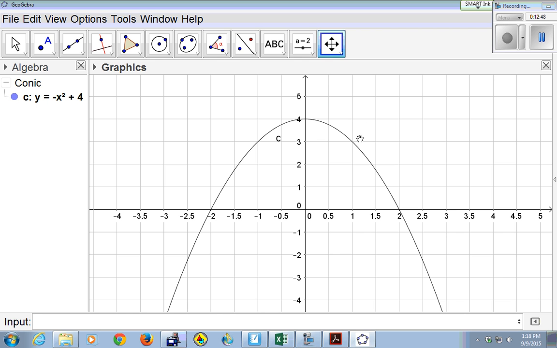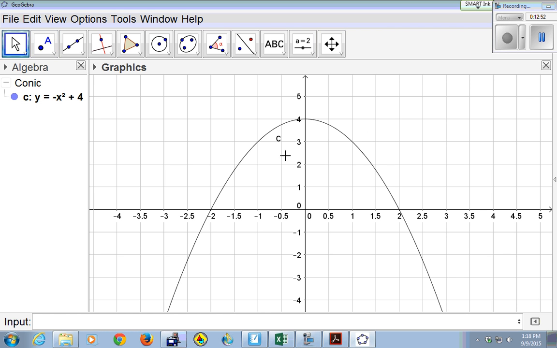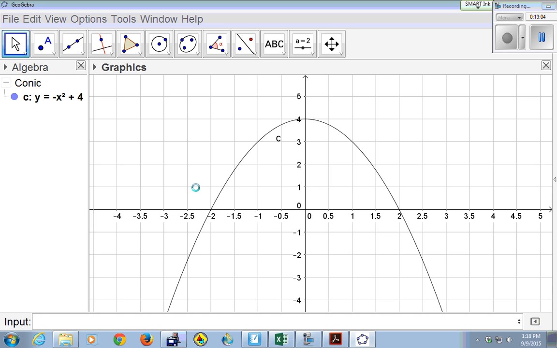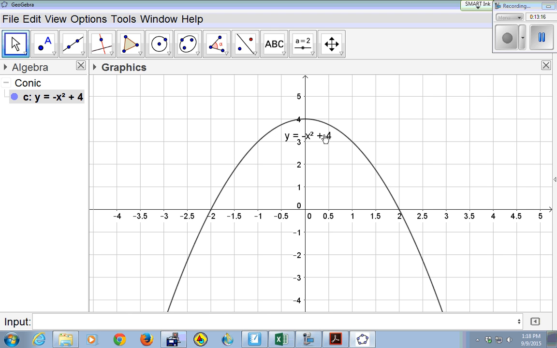And then the first project will guide you through lots of other things that GeoGebra can do. So right now, the name of this graph, they named it C. If I don't want it to be named C, I could double click and do object properties, and I could rename it, right? Or I could say, instead of showing its name, I could show its value, which would be the equation, and then it labels it with y equals x squared plus 4.